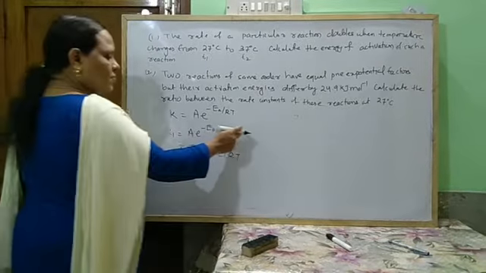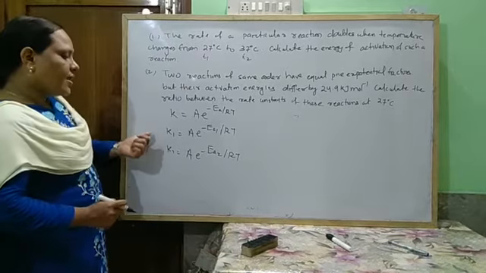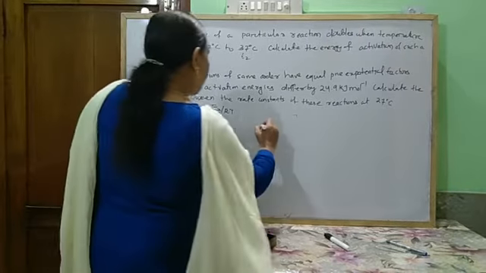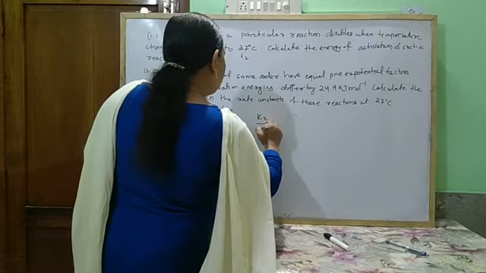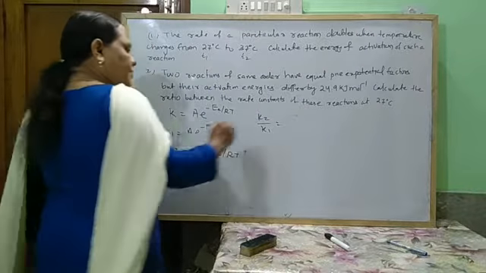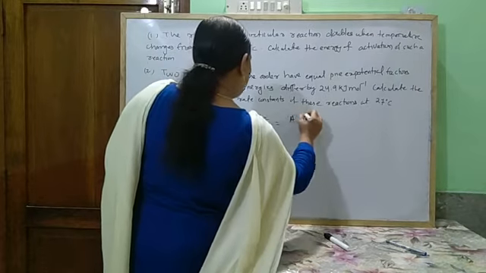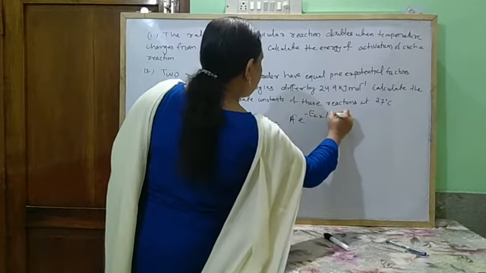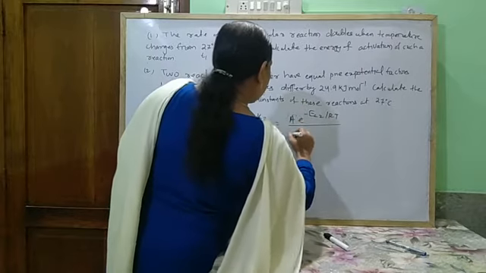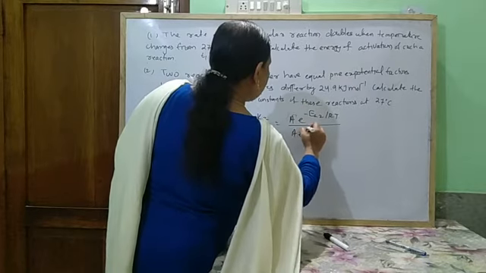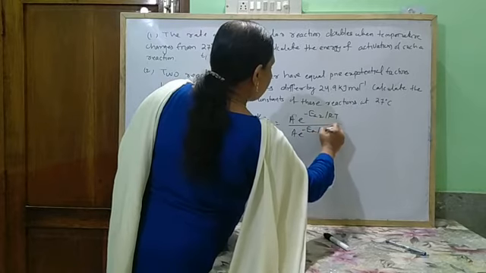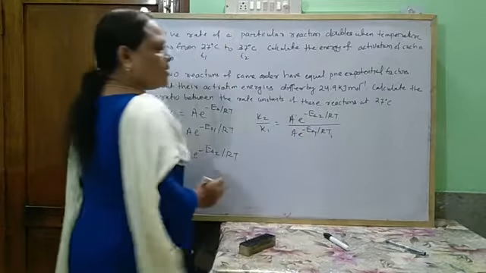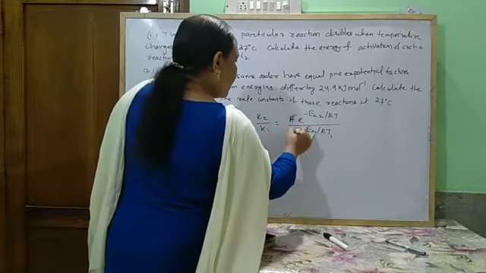So dividing K2 by K1, what do we get? K2 by K1 equal to A e to the power minus EA2 by RT divided by A e to the power minus EA1 by RT. So A cancels.